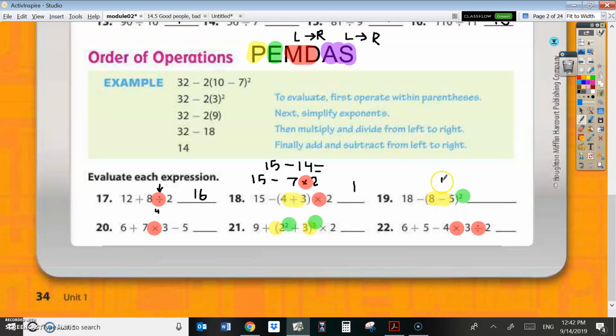So for this problem here, you need to do parentheses first. So 8 minus 5 is 3. Bring up the exponent, and then do 18 minus that. Now do the exponent, because that's next on the list. 3 squared looks like this. So you have to go 3 this way, and then 3 this way.